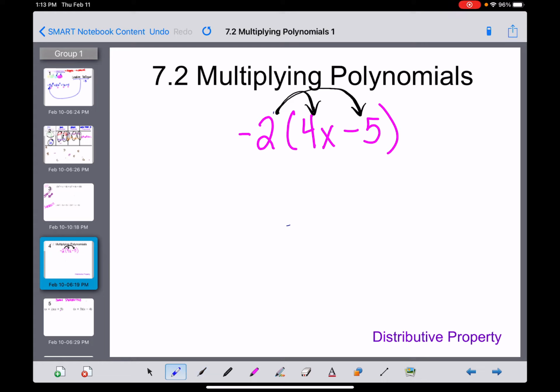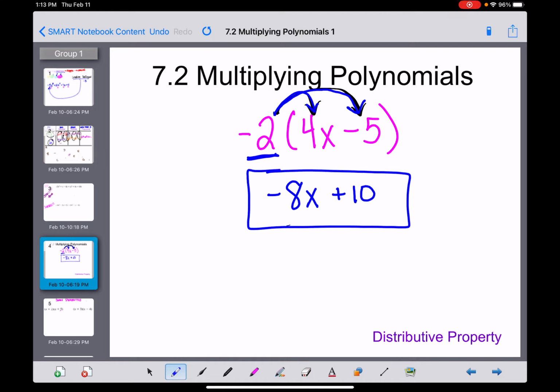You might have also heard the story that this outside number is a lifeguard, and it must jump into the pool and save both people. So I'm going to distribute negative 2 times 4x to get negative 8x. Negative 2 times negative 5 is positive 10. So that is our simplified version.